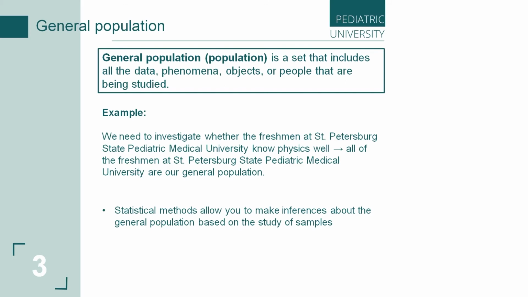For example, we want to conduct a study on whether freshmen in a pediatric university know physics well. A freshman is a first-year student, yeah? And in this situation, the general population would be all first-year students at the pediatric university. The general population could also be, for example, all children with type 1 diabetes.